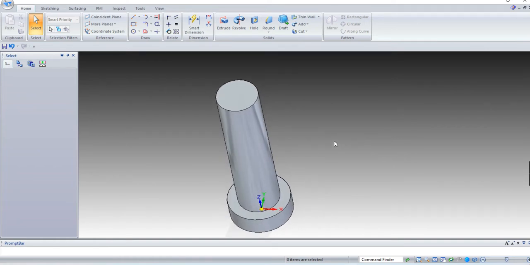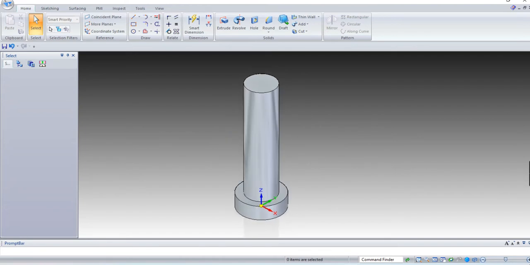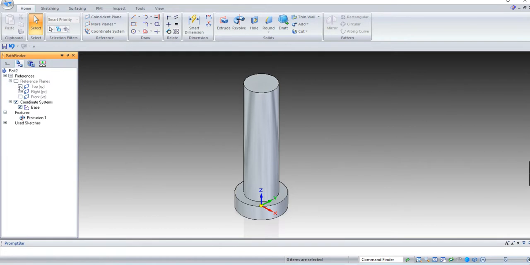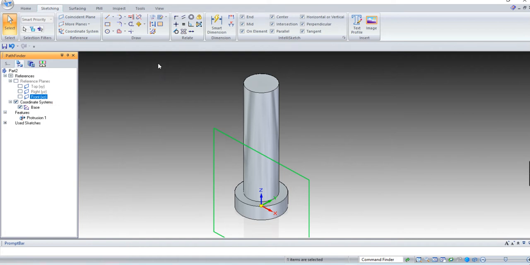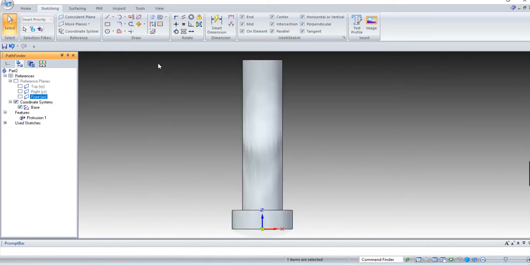Next step, observe carefully. We have to select the plane. Select the front plane, front view. Control F is front view. Select line command.